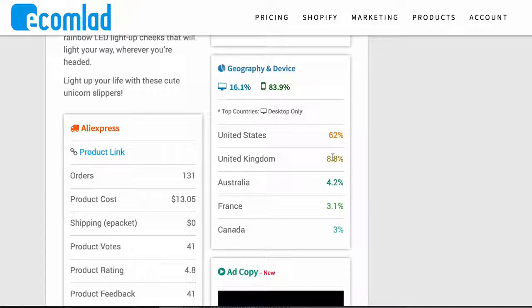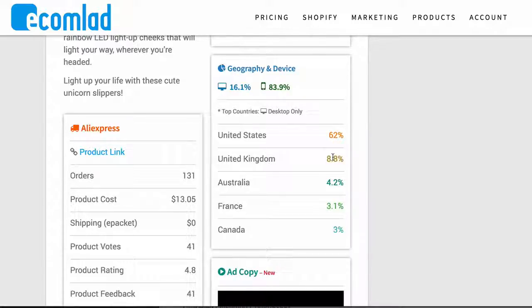So, for example, I'll test an ad in the United States, and then if I test it in Germany and I see that Germans are commenting and saying different things, then I'll literally translate that ad into German so that I can have more detailed targeting to that specific region.